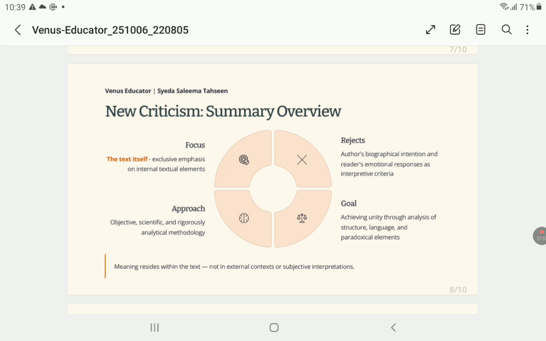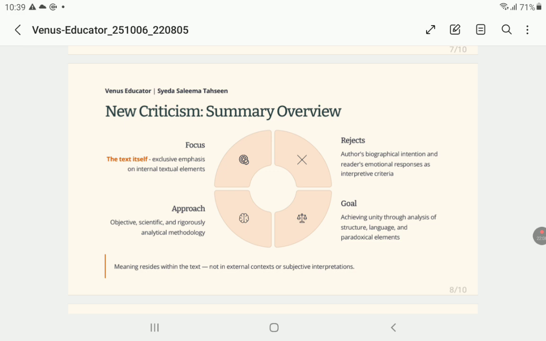Next, it rejects the author's biographical intention and readers' emotional responses as interpretive criteria. We are not going to accept all those things in a criticism like New Criticism; you are not supposed to bring any influence of the author's biographical intention and readers' emotional response.